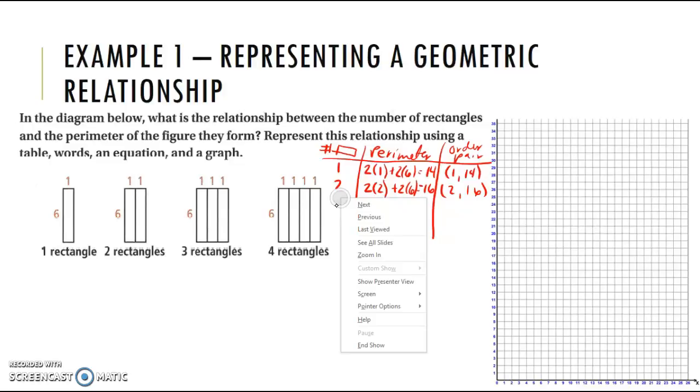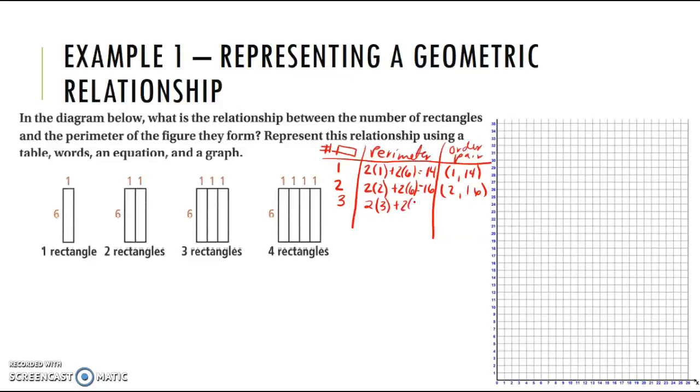And we're going to have 3. And so then this will be 2 times, again, our width is now, I now have 3 of those little rectangles, so now it's a length of 3, or a width of 3, plus 2 times 6, so we have 12 plus 6, which will give us 18.